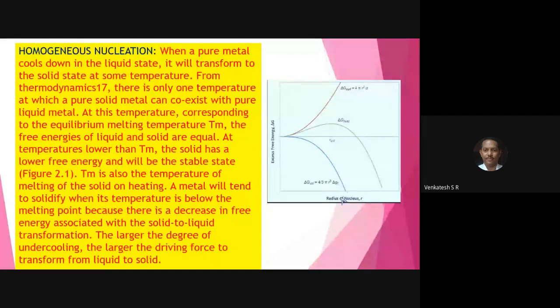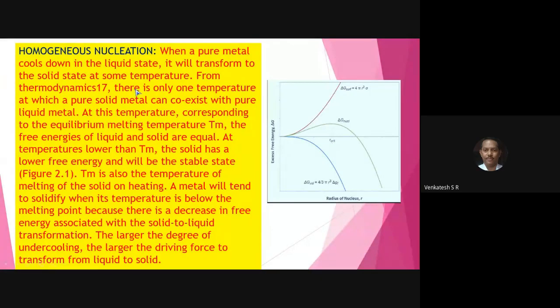Radius of nucleus is R. Delta is the critical size of the nuclei, that is R critical. All of you write down.